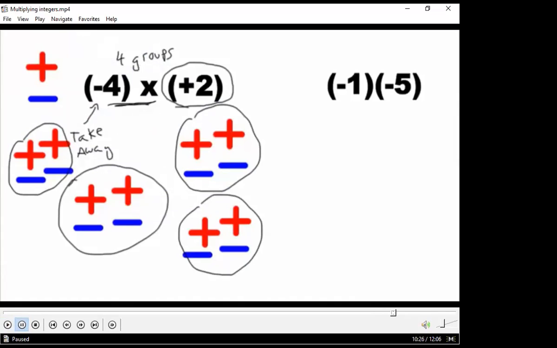Any objection about the first step? 4 groups, 1, 2, 3, 4. Why do we put positive and negative here? Why do you put positive and negative? Because the first sign was what?